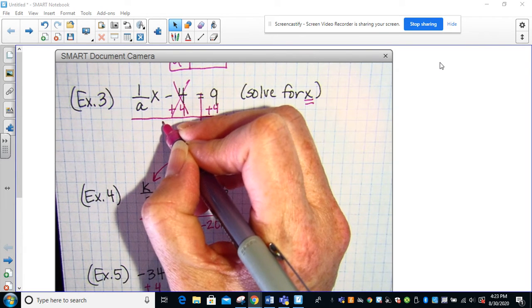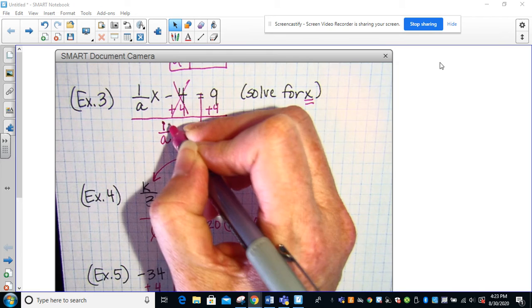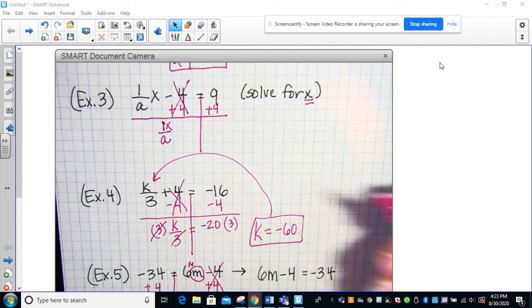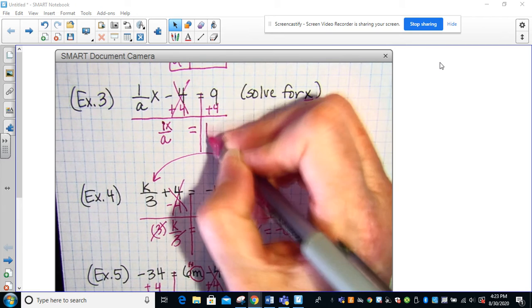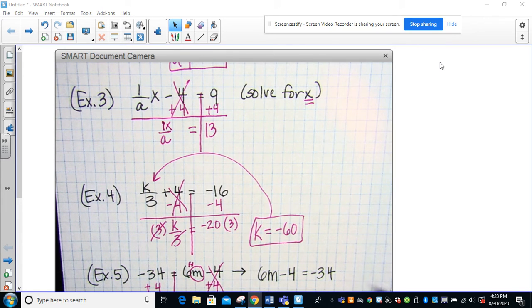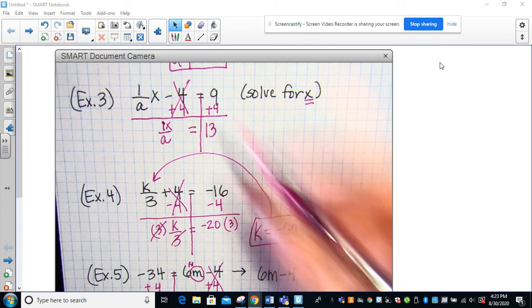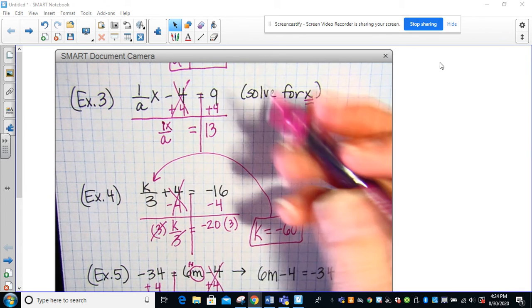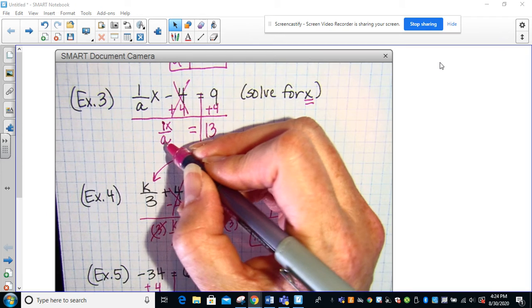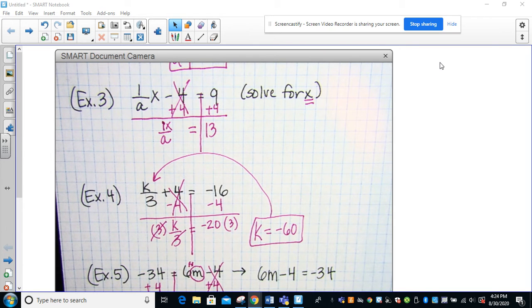And I have 1 over a, or basically 1x over a, equals 9 plus 4 is a 13. Now, in order to get x by itself, and it's already a 1x, so we could basically just say x, we have to get rid of the a. Now, if that was a number, it would be like divided by 10 or divided by 20.